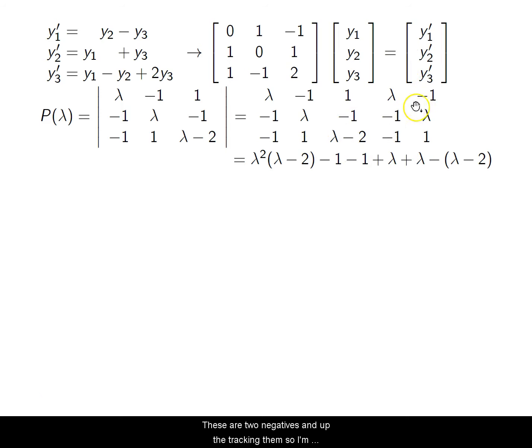These are two negatives, and I'm subtracting them, so I'm still getting a negative times lambda minus 2. Remember to put the parentheses here, you guys. Don't get sloppy. If you don't put parentheses here, you will forget to distribute this negative, and if you forget to distribute this negative, you will have a completely different set of eigenvalues.